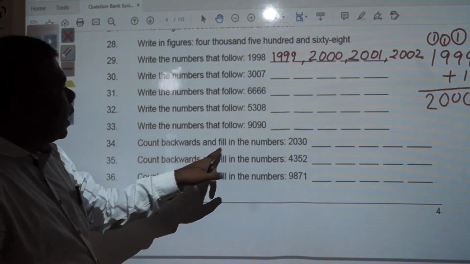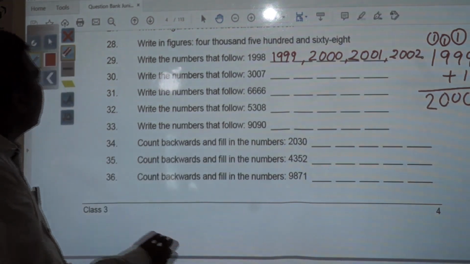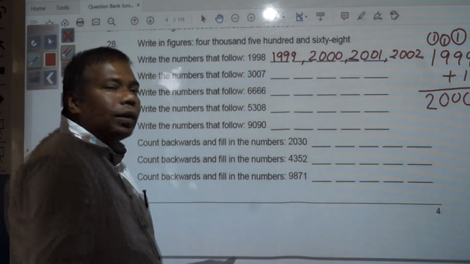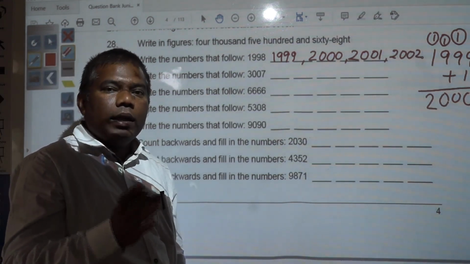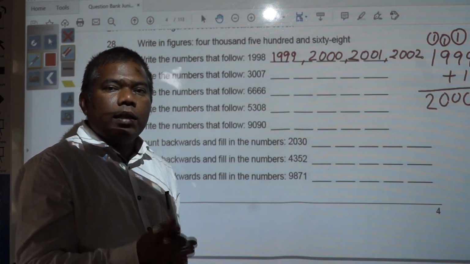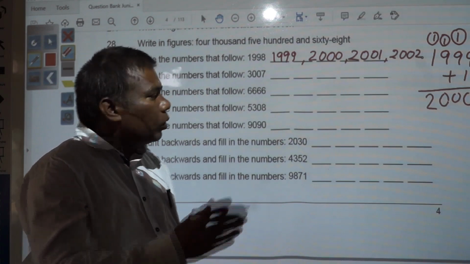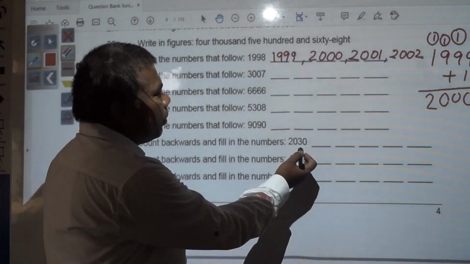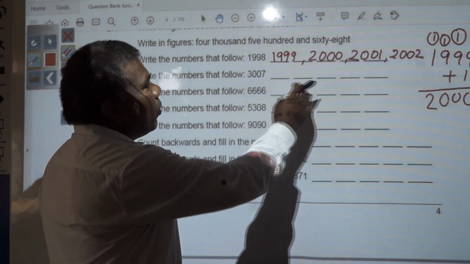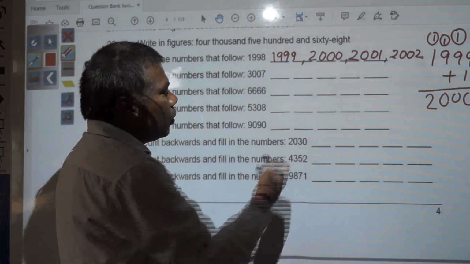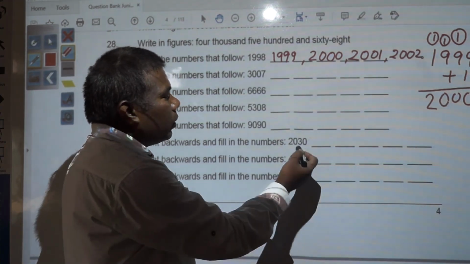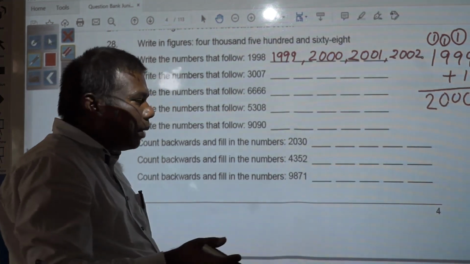Just you add 1 and you write. Count backward and fill in the numbers. Here what do you need to do? Backward counting you have already learned in previous classes, like 100, 99, 98, 97, 96, 95. So backward counting it is. Here what we were doing, 1 we were adding. Here you need to subtract 1. So 2030 you have, you need to subtract 1, or simply see backward counting.